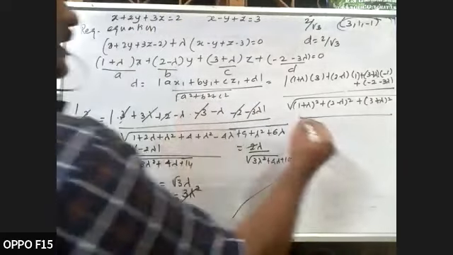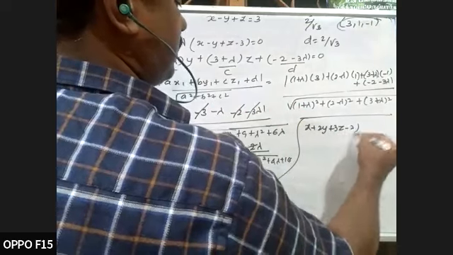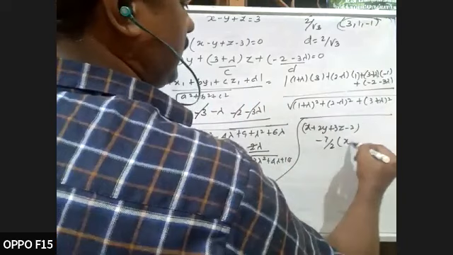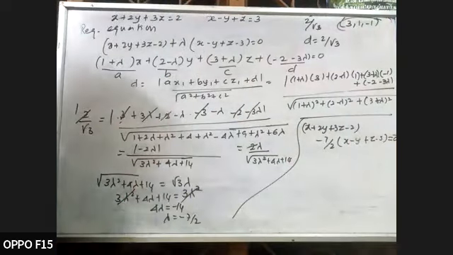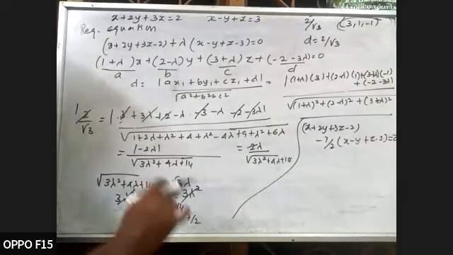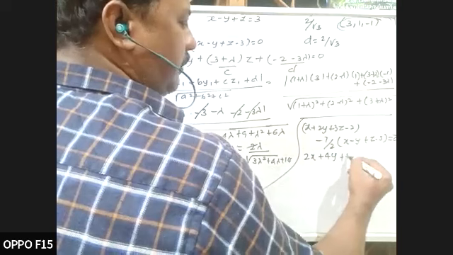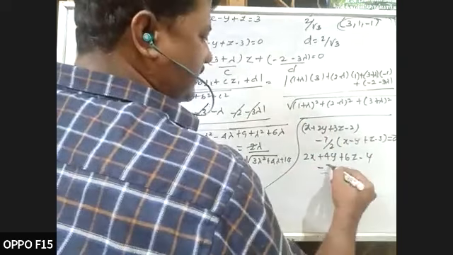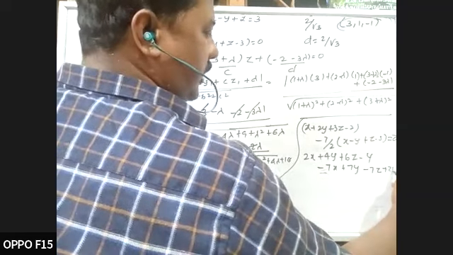x plus 2y plus 3z minus 2 plus lambda, your lambda value is equal to minus 7/2, into x minus y plus z minus 3 equal to 0. Using the distance formula, lambda equals minus 7/2. Cross multiply: 2x plus 4y plus 6z minus minus 7x plus 7y minus 7z plus 21 equal to 0.